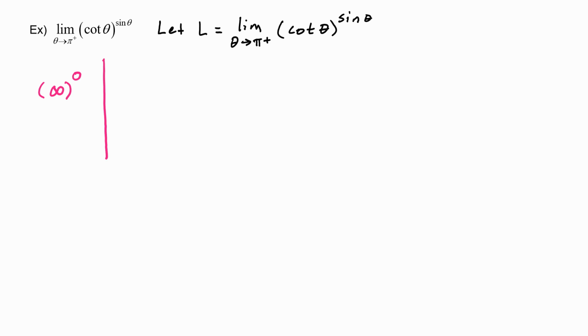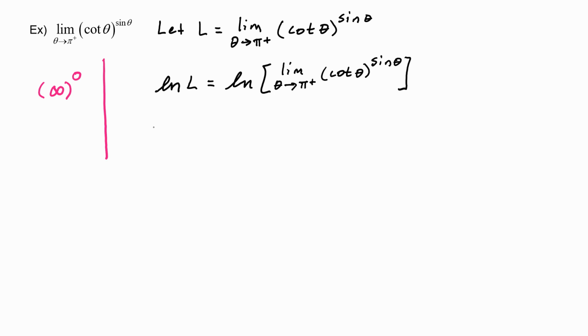Next, we take the natural log of both sides. We have the natural log of L is equal to the natural log of the limit as theta approaches pi from the right of cotangent theta raised up to the sine theta.